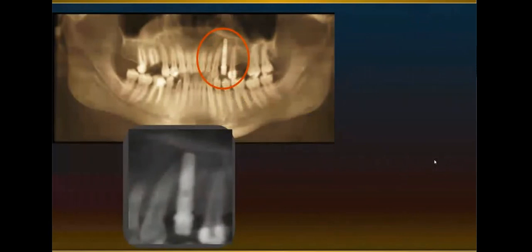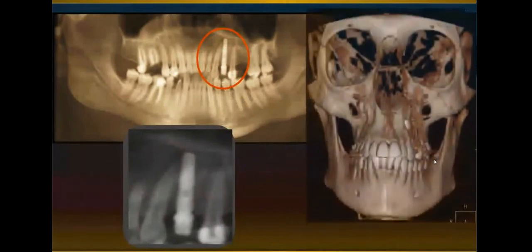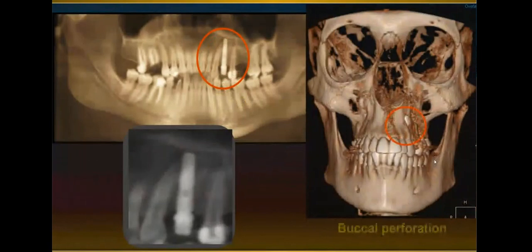But when we see the 3D image for this case, we will find that there is a buccal perforation. So the panoramic image didn't show us this perforation when used alone. We must see the third dimension, which is the buccolingual dimension.